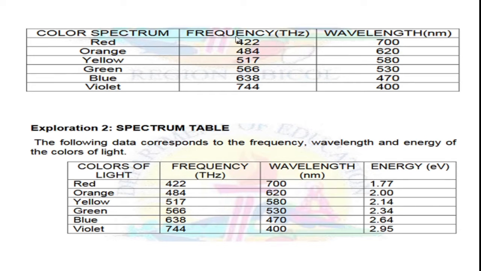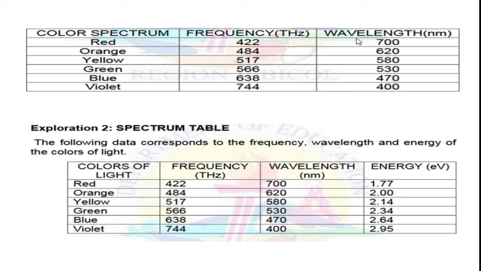When you say frequency, this is the number of waves of these colors. Red 422 frequency, orange 484, yellow 570, green 566, blue 638, violet 744.